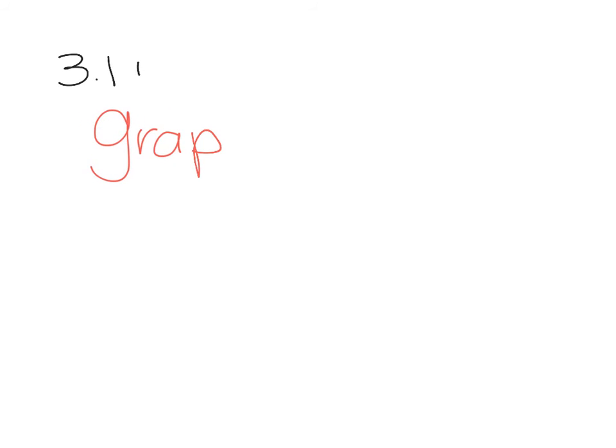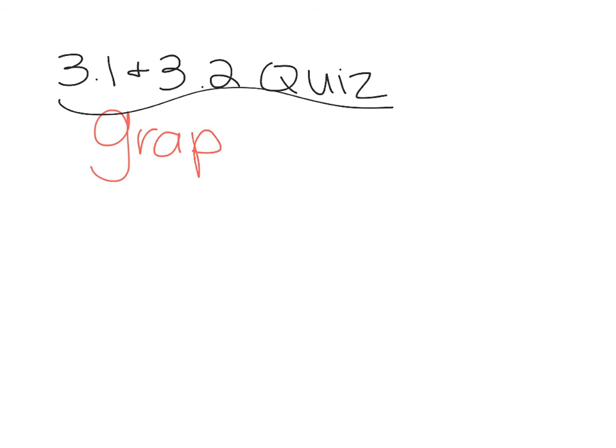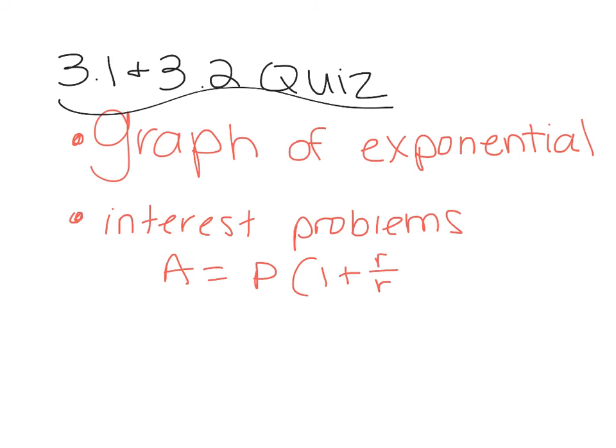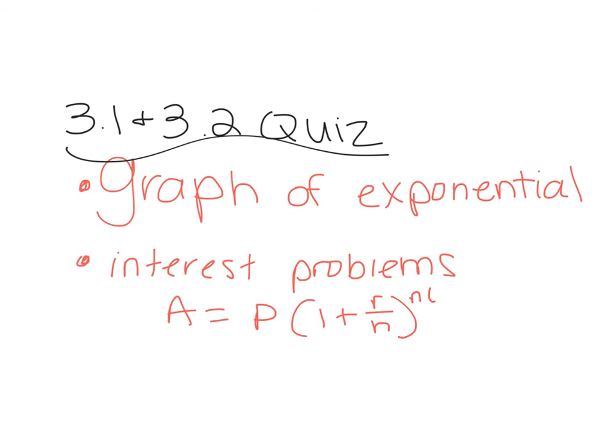So 3.1 and 3.2 quiz. Graphs of exponential. And your interest problems. So you need to know A equals P times 1 plus r over n to the nt, and A equals Pe^rt.